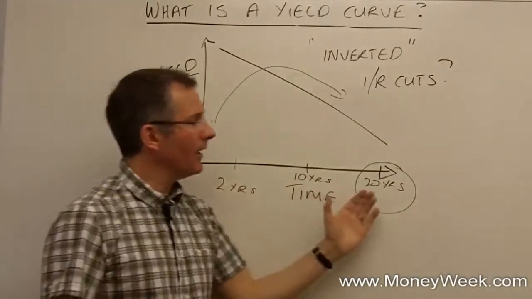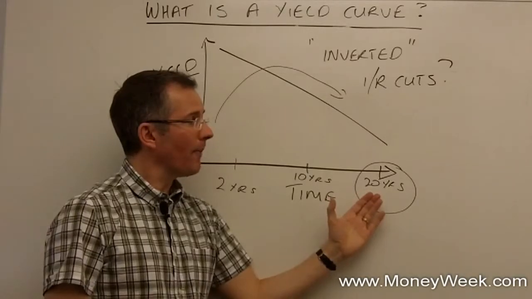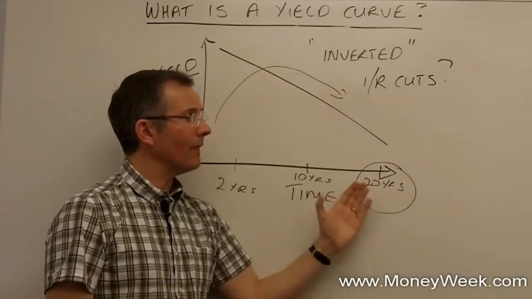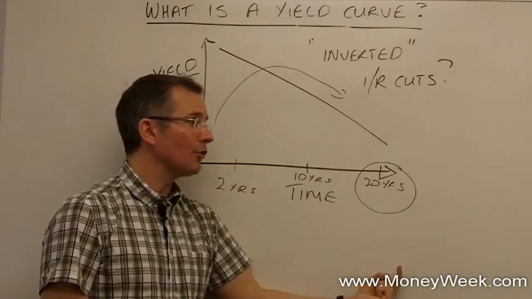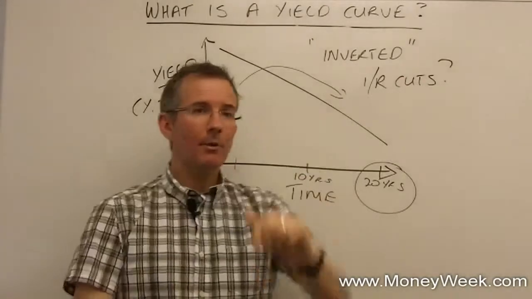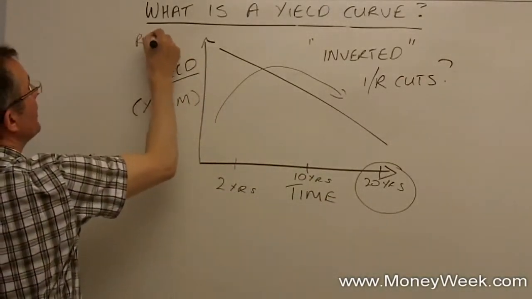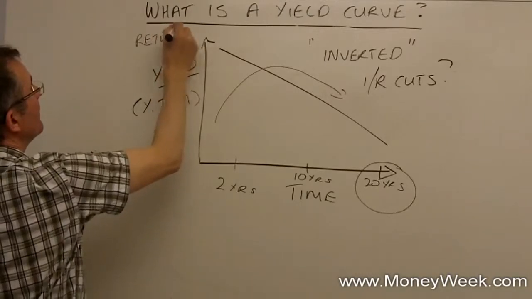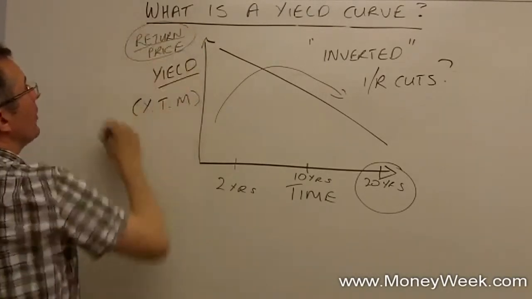So maybe suddenly I'm attracted by long-term government bonds because of the reasonably high fixed coupon, so I start buying them, which drives the price up and compresses the yield. Because don't forget, the yield is the return over the price. That's what a yield is.